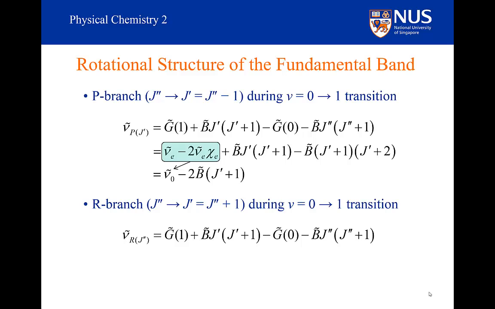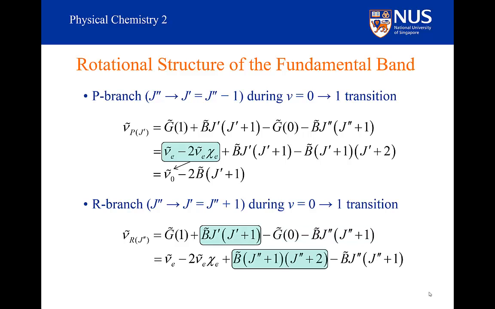Once again, I can write down the frequency of a transition in the R branch as the difference between the rovibrational energy in the final state and the rovibrational energy in the initial state. This time I will substitute for J prime, so I substitute in J double prime plus 1 into this equation, and therefore I will get an expression that will look like this.